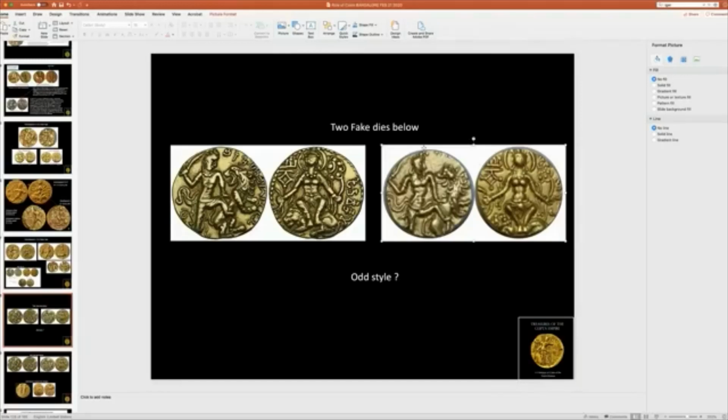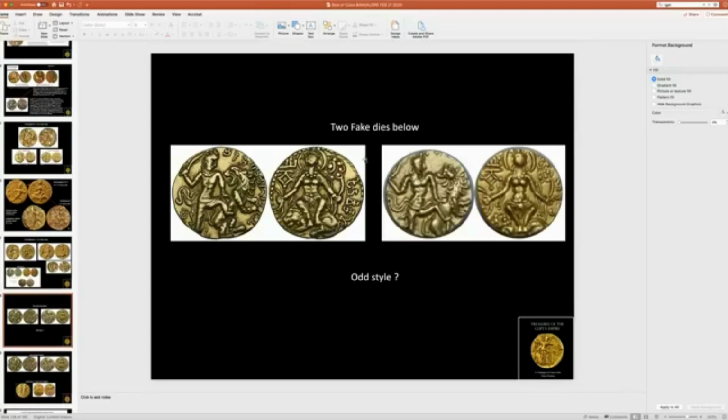If you understand all of the coins of the Gupta dynasty, then you will start understanding what is possible and what is not possible, and what makes a coin fake, and whether it was originally issued by the Gupta king, is something that I have studied for 30 plus years, 35 years.